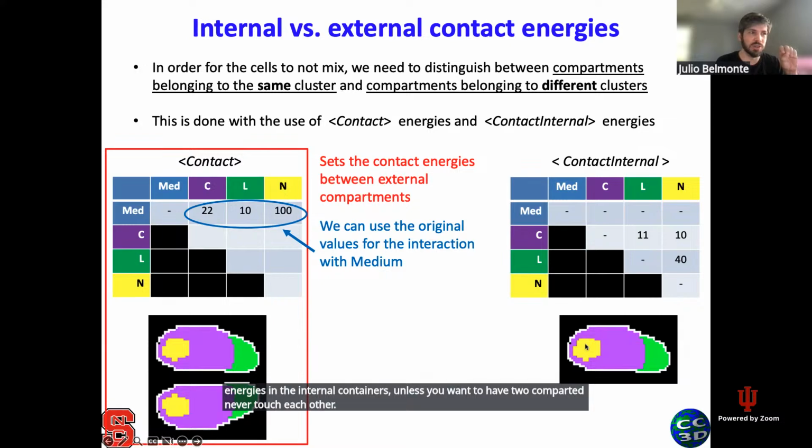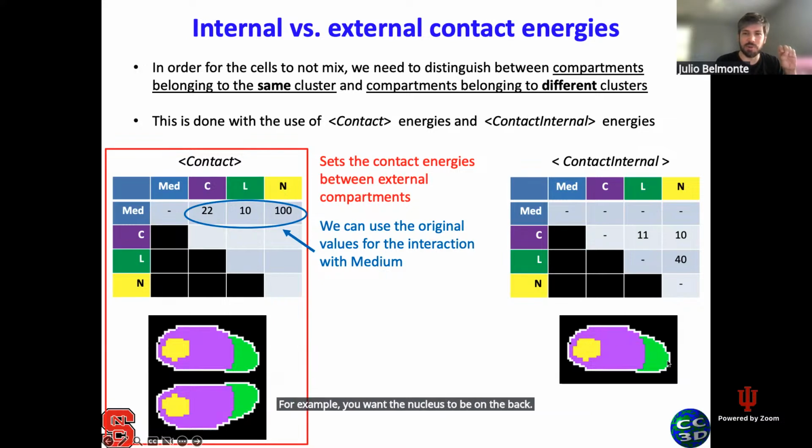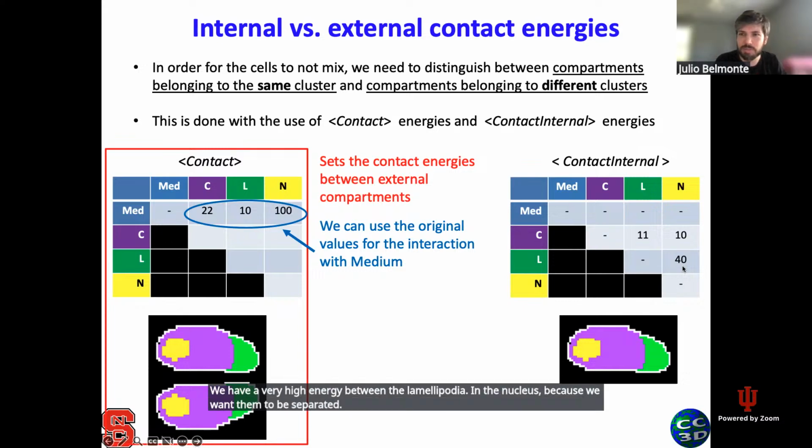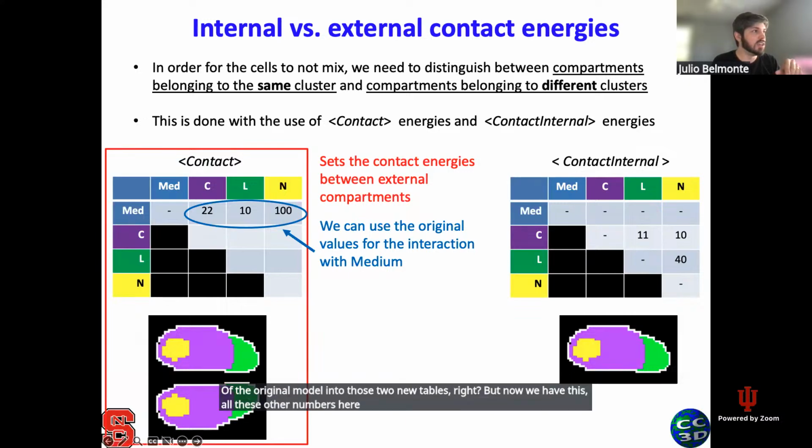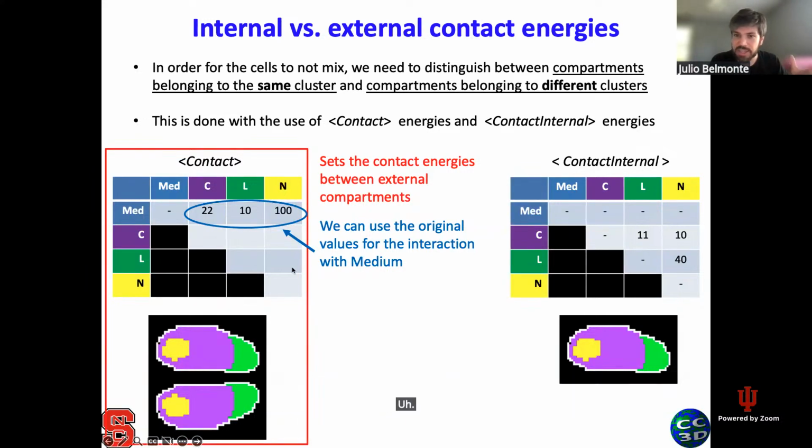For example, you want the nucleus to be in the back and then the lamellipodium in the front. So in this case, we have a very high energy between the lamellipodium and the nucleus because we want them to be separated. Okay. All right. So for now, we have just been copying the old values of the original model into those two new tables, right? But now we have all these other numbers here.